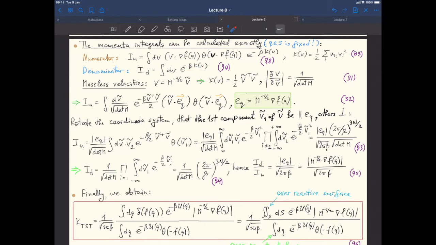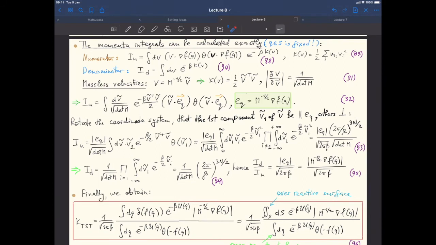To calculate the numerator integral, what we do first, we rescale the velocities. We introduce, instead of the vector of velocities v, the vector v tilde, with the mass, such that the kinetic energy term would become simply v tilde squared, and would therefore be a square of the length of the vector v tilde, which is invariant with respect to the rotations in the v tilde space.